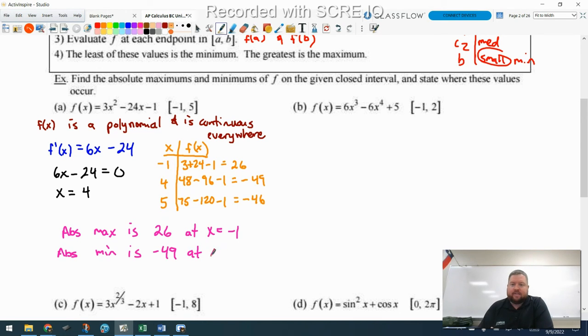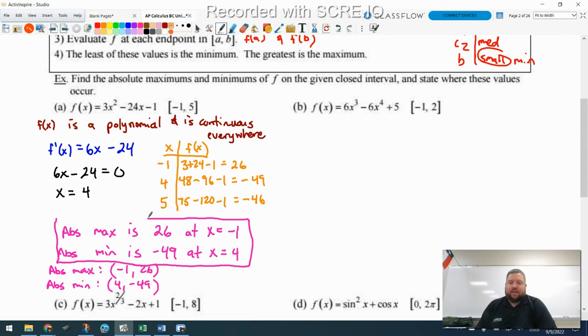That occurs at x equals 4. I think it's probably also okay if you just label it absolute max and then write the point, (-1, 26), and absolute min (4, -49).